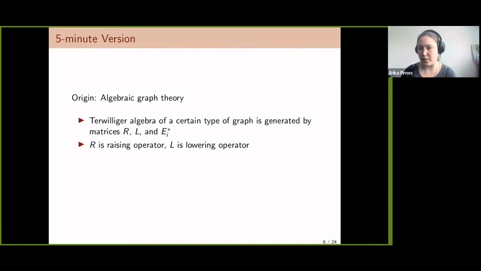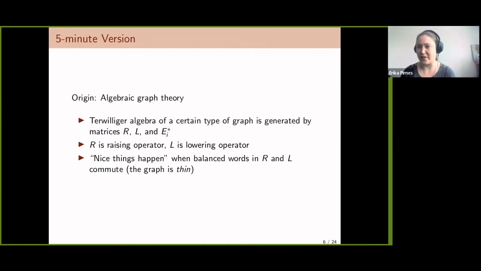R is called the raising operator, L is the lowering operator. Very unmathematically said, nice things happen when balanced words in R and L commute. What that nice thing is: the graph is thin. We don't have to care about that right now. I'll go more into detail in the full version of this talk.